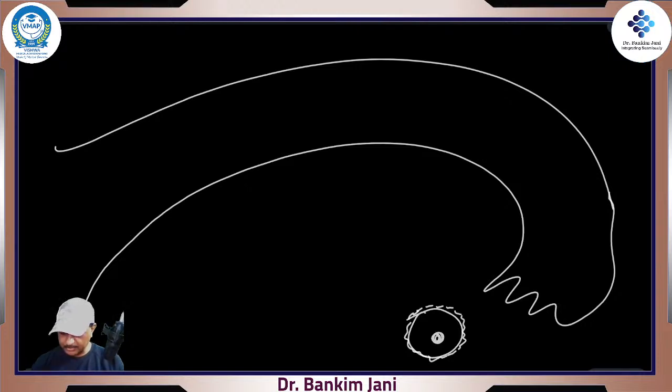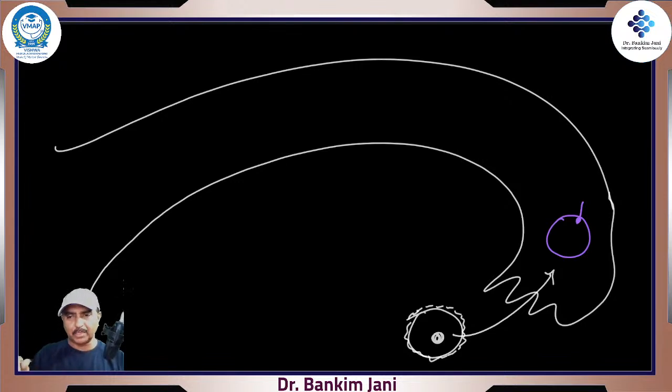It's discharged, picked up by the fimbrial end, and now over here it is fertilized. So all the processes, the acrosome reaction, capacitation, and the rest of the sperms are not allowed to enter, etc. But basically, this is now fertilized, right?